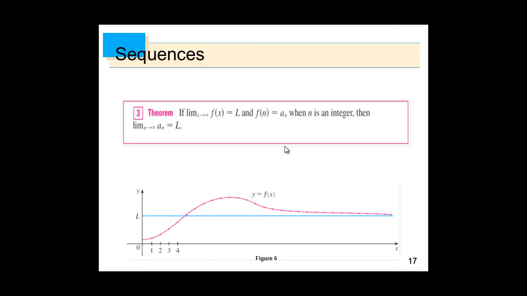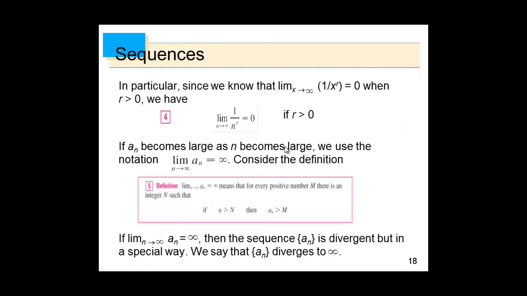So if the curve is approaching L, then the sequence will also approach L. Right? That's what we are saying, and we use that all the time. We really use this all the time, but sometimes we will probably forget about this theorem. But it's just going to come as second nature to apply that.